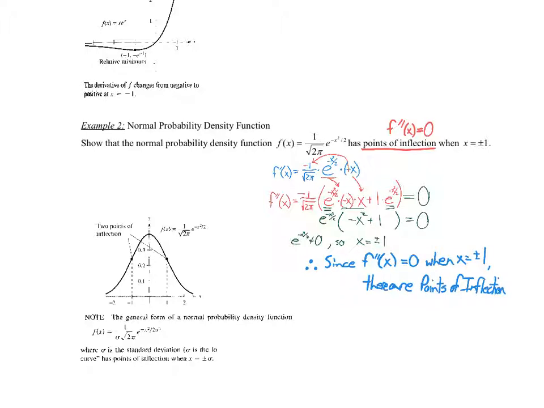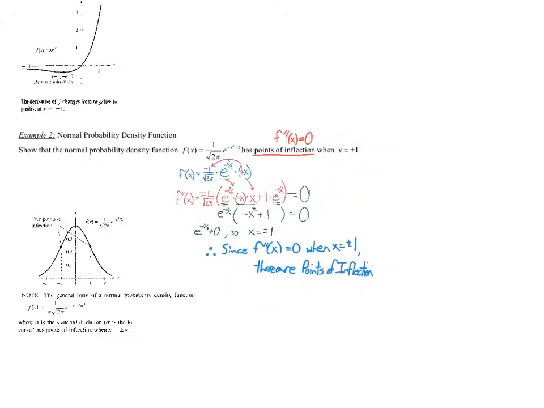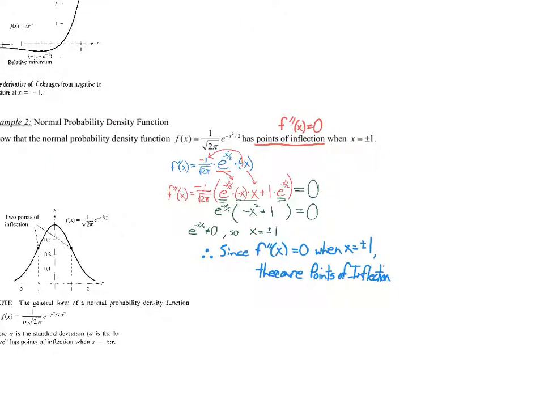You could also prove it even further by showing a sign diagram for the second derivative to show that concavity changes. So negative 1 and 1 are zeros of the second derivative. If I plug in a negative 2, I know e to a power is always positive, so negative times 4 is negative 4 plus 1, which is negative, meaning I'm concave down.